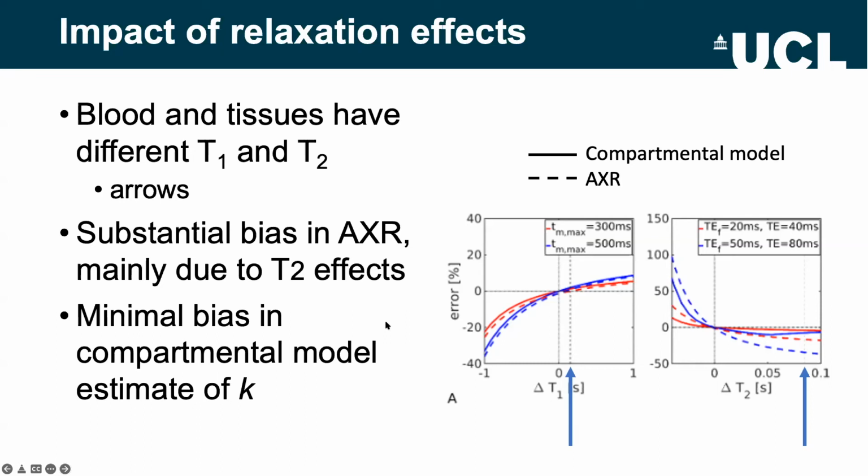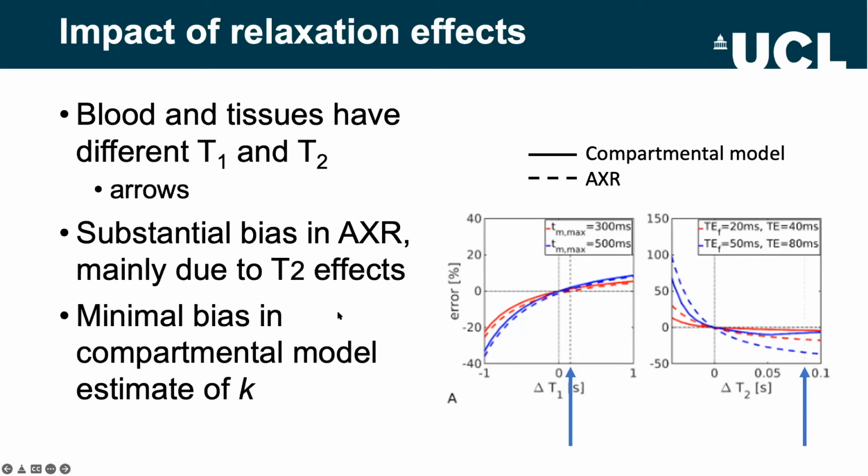And it turns out that this leads to substantial biases in your ability to estimate your transfer coefficient K. If you don't account for it, then there are substantial errors that creep into your AXR measurement. So, for example, if we look down here at the T2 graph, if you don't account for T2, then your apparent exchange rate could be out by somewhere between 20 and 40%, which is obviously a big error.